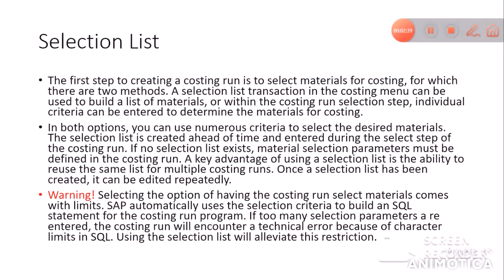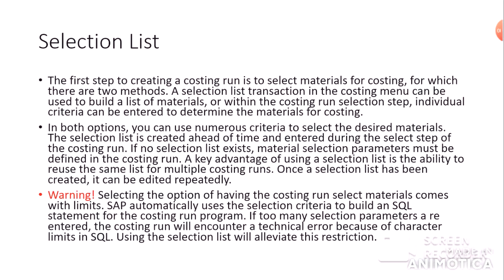Selection list. The first step to creating a costing run is to select materials for costing, for which there are two methods. A selection list transaction in the costing menu can be used to build the list. Alternatively, there is a warning.